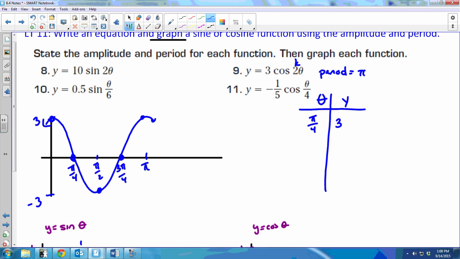So you'd have 3 times the cosine of 2 times pi over 4. 2 times pi over 4 is pi over 2. Cosine of pi over 2 is 0. And 3 times 0 is 0. Make sure your calculator's in radian mode.